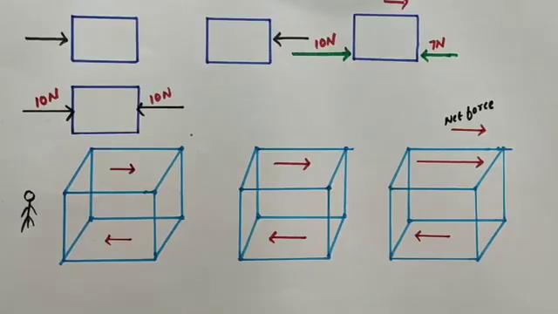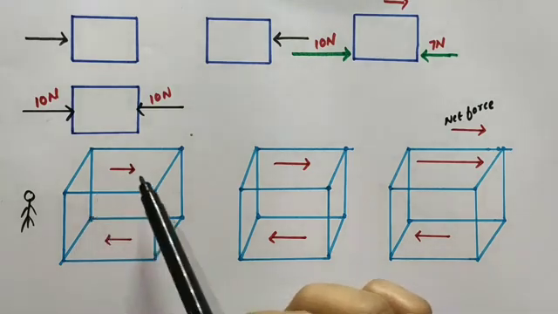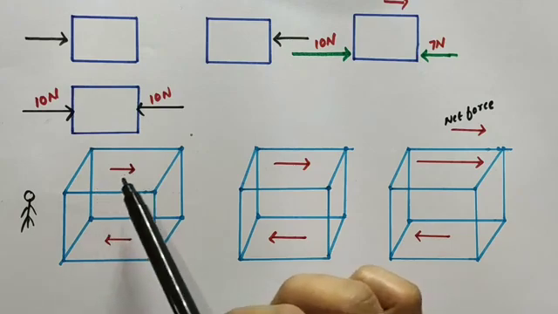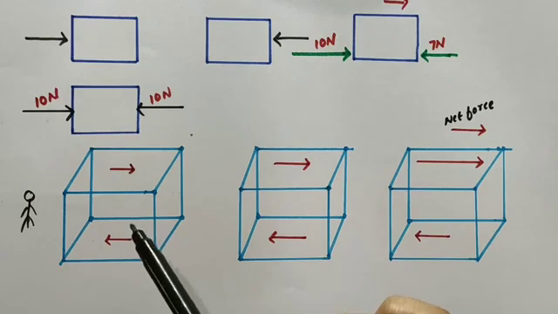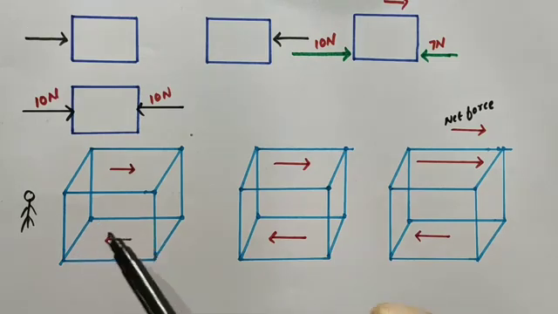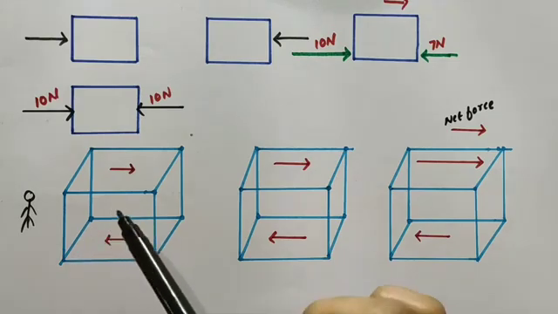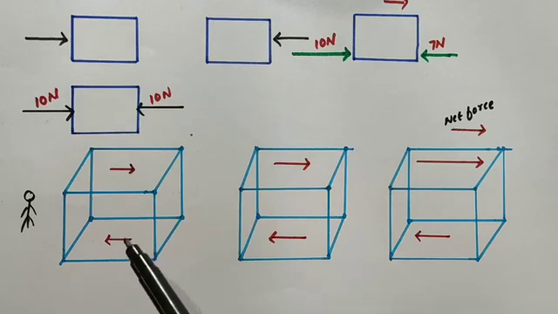Now, consider a box kept on a rough floor. Suppose a child is trying to push this box. If he pushes the box with a small force, okay, this represents the force applied by the child on the box, the box does not move, because there will be a frictional force which arises between the two surfaces in contact.